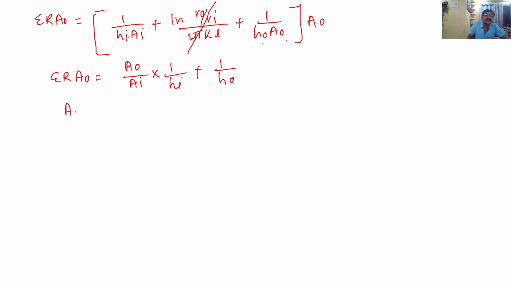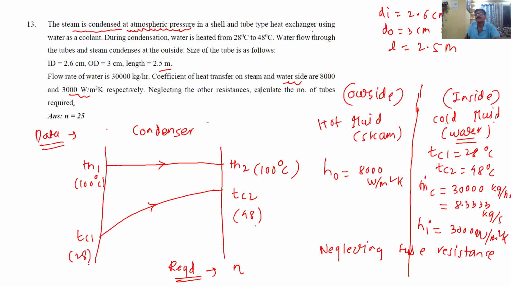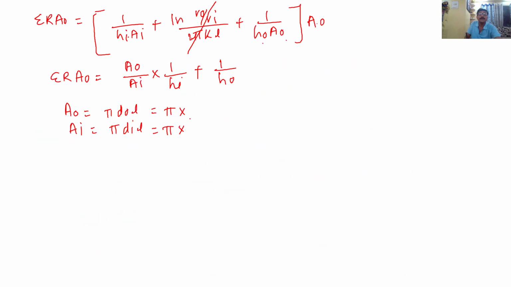Ao is equal to pi Do L and Ai is equal to pi Di L. Just put in the values: pi into, what is Do? Do is 0.03, and what is L?